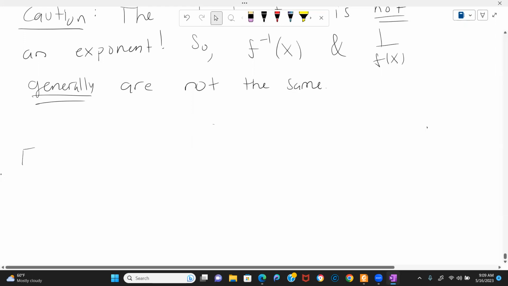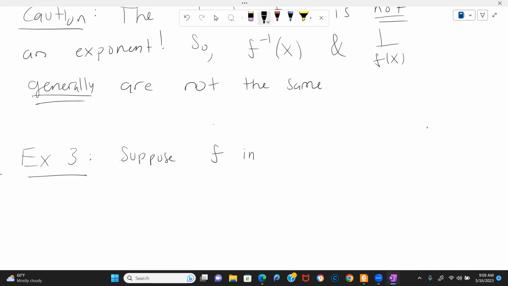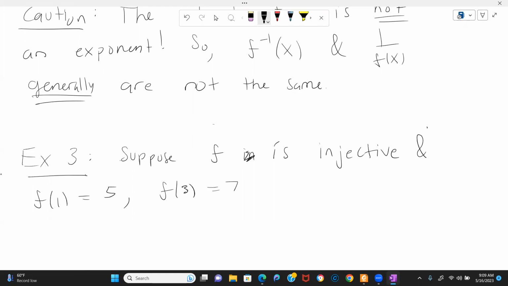All right, so let's look at an example. Suppose f is injective, and we're told that f of 1 is equal to 5, f of 3 is equal to 7, and f of 8 is equal to -10.